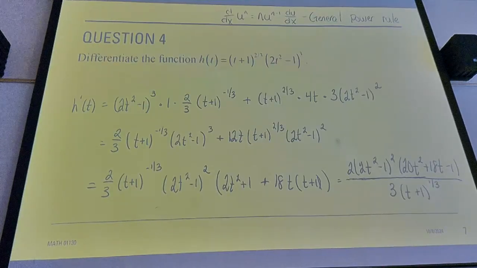All over 3 times t plus 1 to the 1/3 power. The original problem gave it to us in power form instead of radical, so like that.